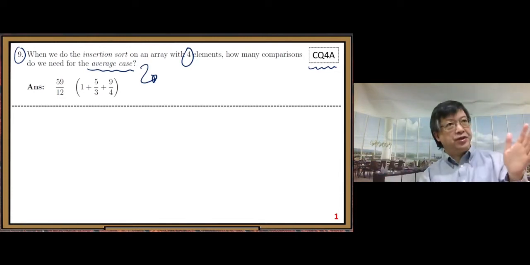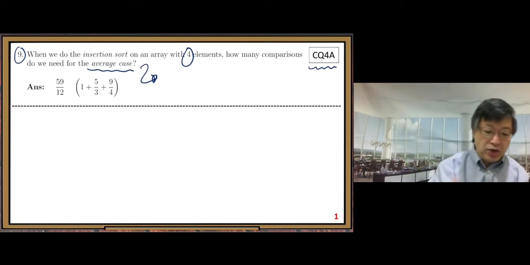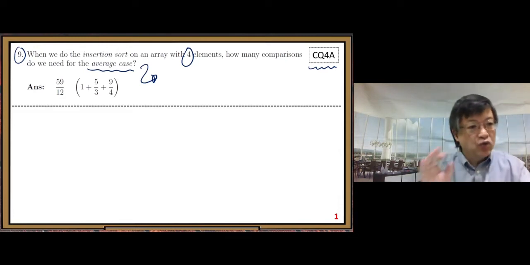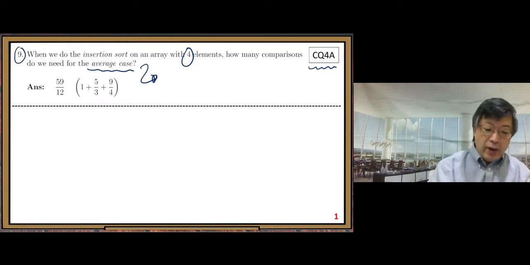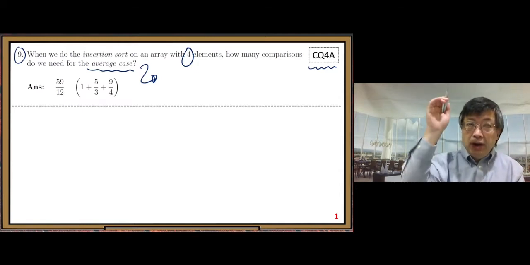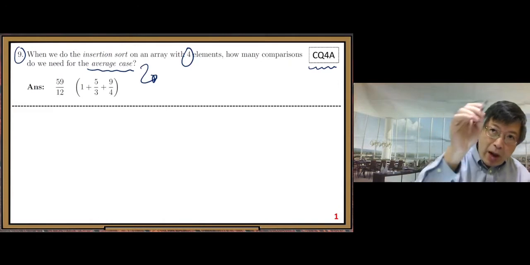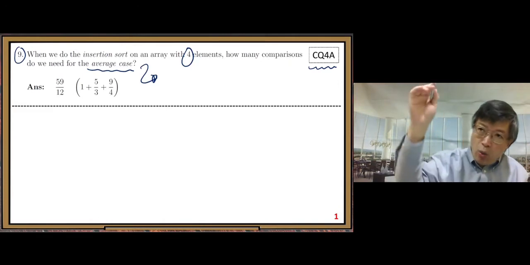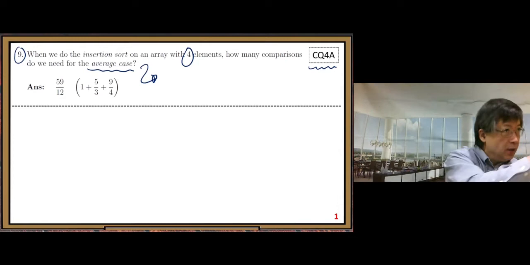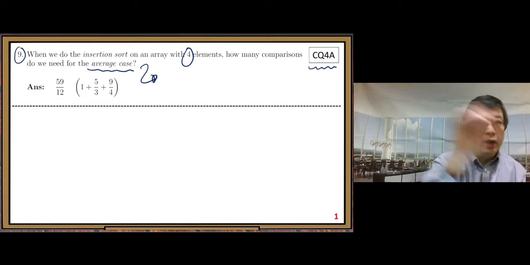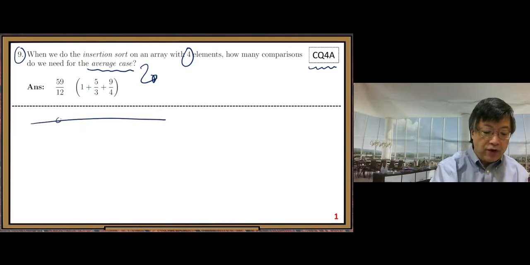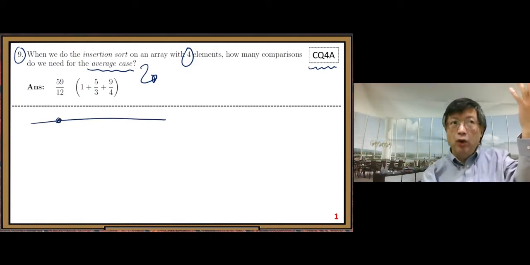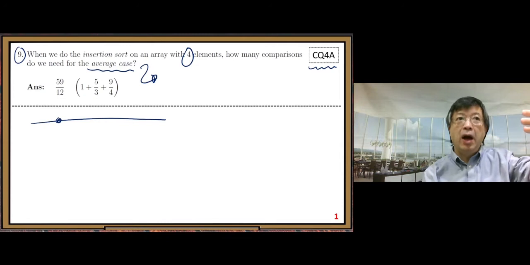Step-by-step average case. When we do insertion sort, let's record the insertion sort. We do it element by element. Every time we insert one new element into the currently sorted array. When we start with the first element, no sorting is needed. It is sorted by itself.